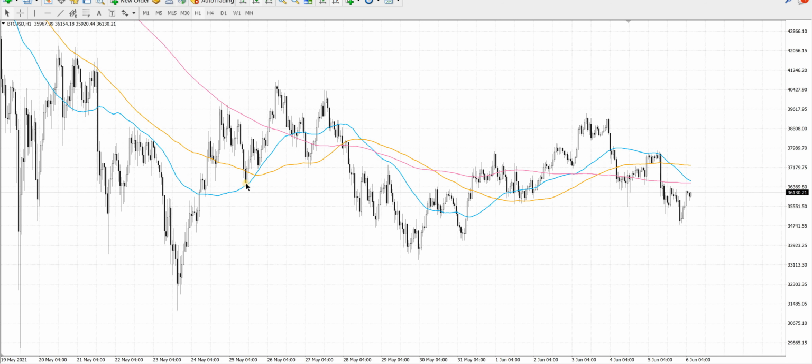Take a look at the H1. Still has support there, still on one of my SMAs, but it's the SMA 50. And then for the other side, it held on the SMA 200 on the M30 chart. Here it's holding on the SMA 100.